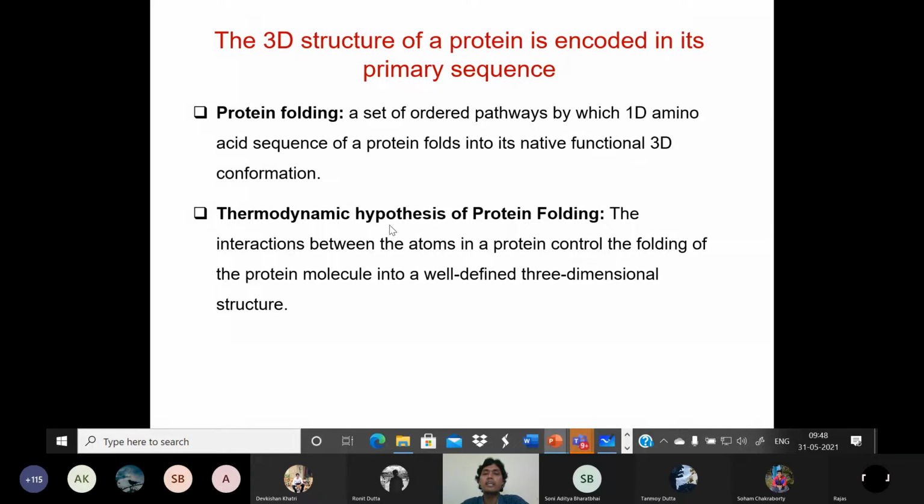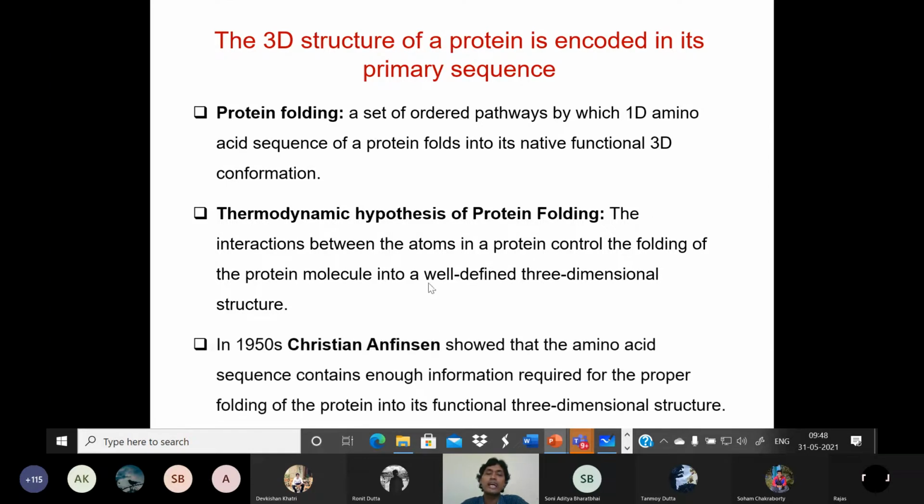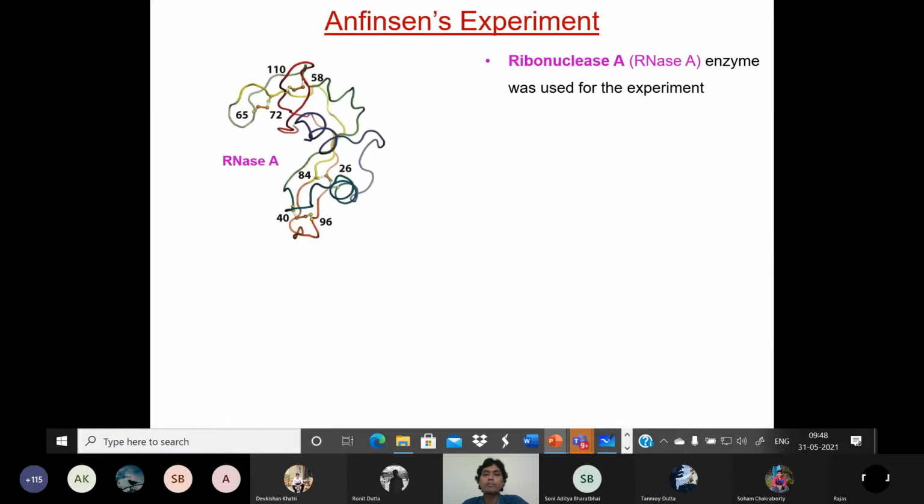The thermodynamic hypothesis is that the interactions between the atoms in a protein control the folding of the protein molecule into a well-defined three-dimensional structure. As I told you, in the 1950s Anfinsen studied protein folding, and he got the Nobel Prize sometime in the 1960s. I forgot the exact date, but that's not required to be remembered, right?